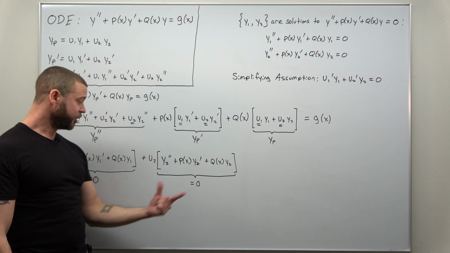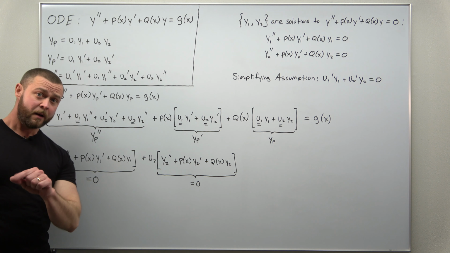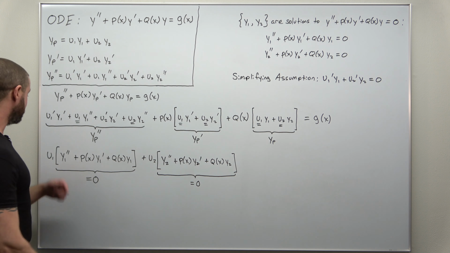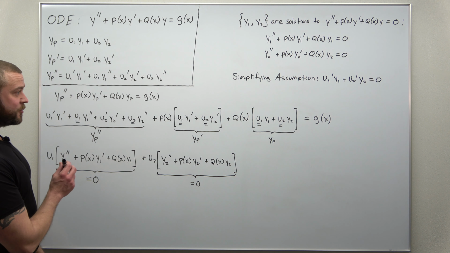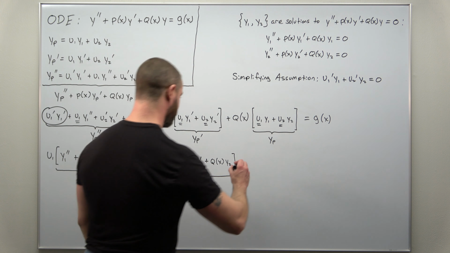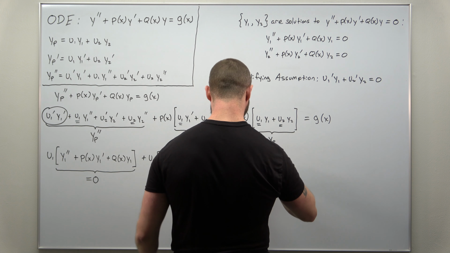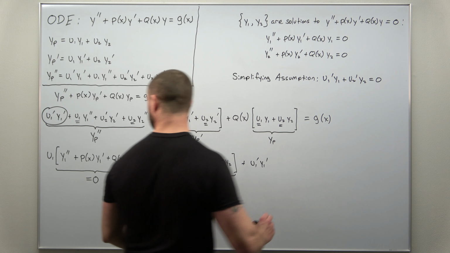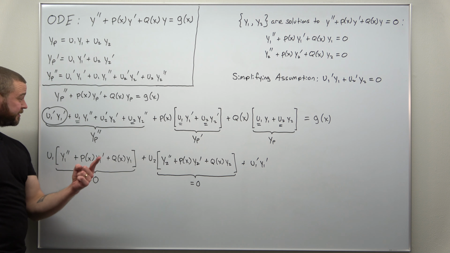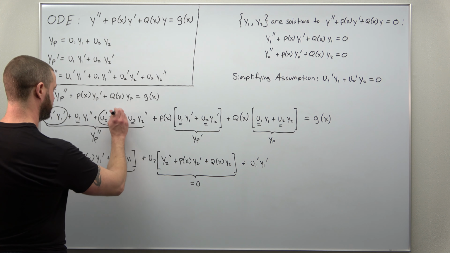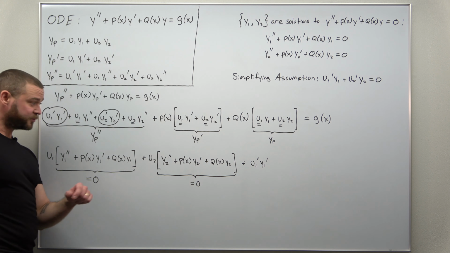Now that's quite a lot of terms that we're just saying are 0, but it's not all of them. There are some that are left. So let's take a look at what's left. We really just have this u1 prime times y1 prime. And the only other term that we haven't done anything with yet is right here, u2 prime times y2 prime.